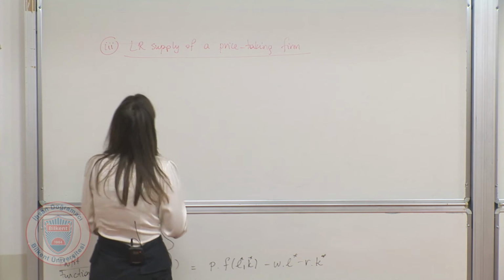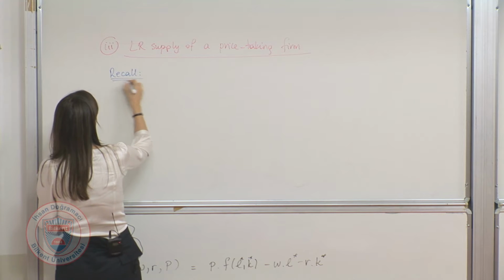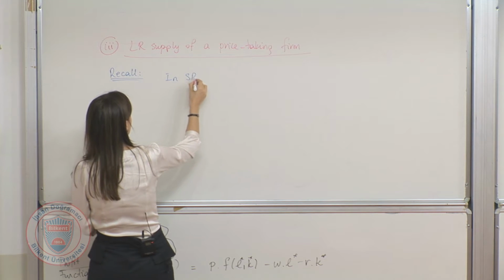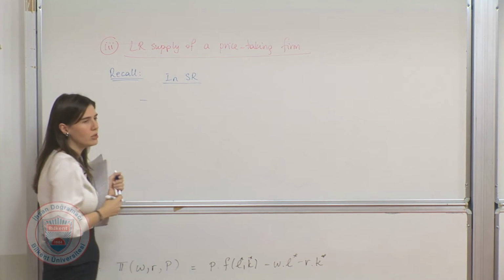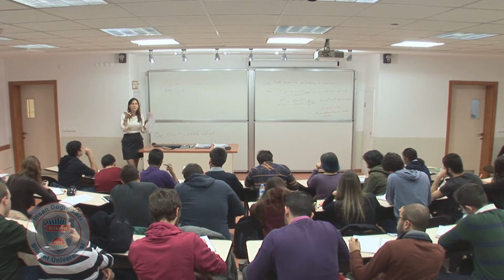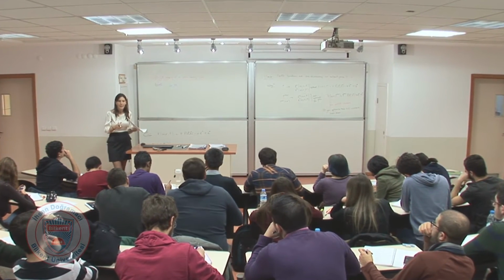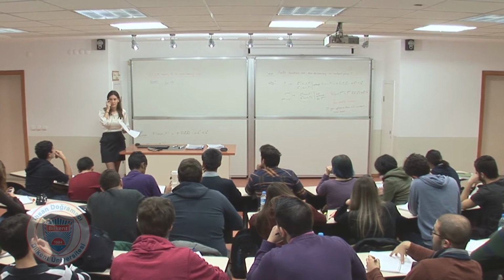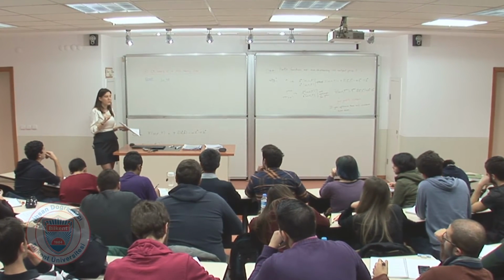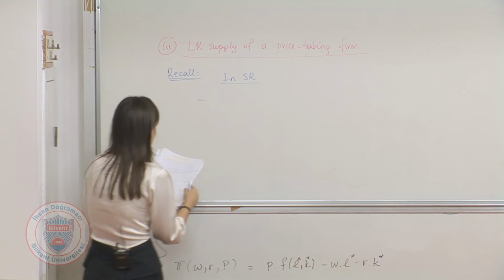So this is what we did. So consider this. In short run, this is what we said, right? In short run, what was fixed? So short run was a period of time when we couldn't change a lot of stuff, right? So what was fixed in short run? Capital, right? One of the inputs was fixed, okay?